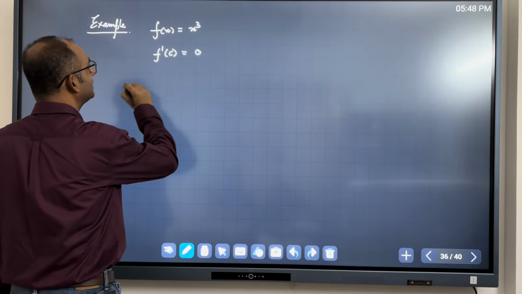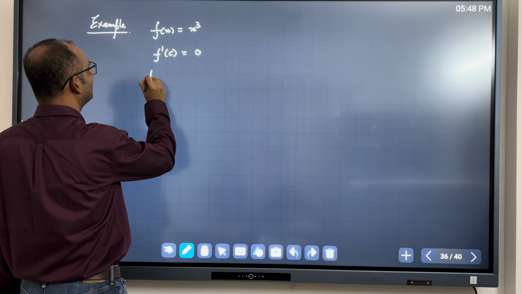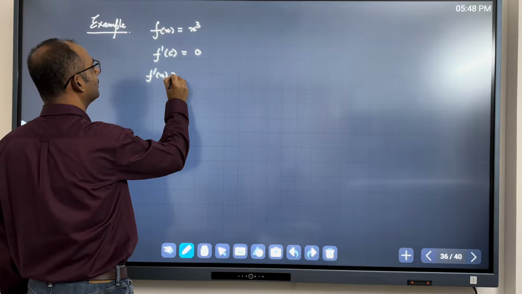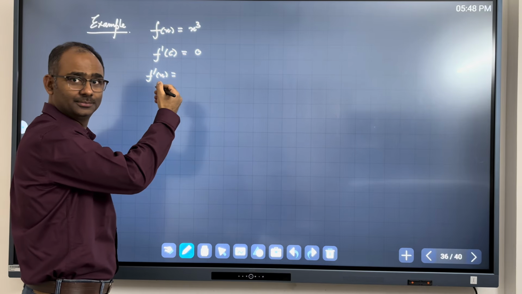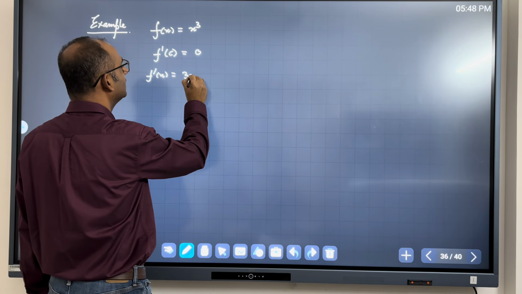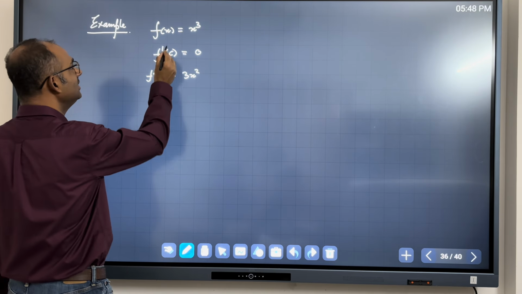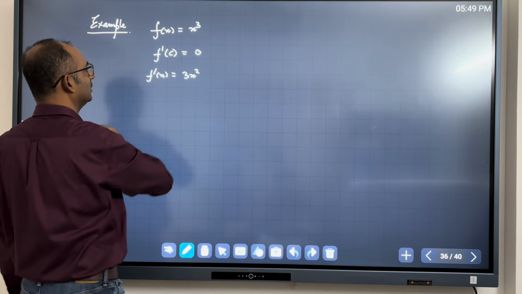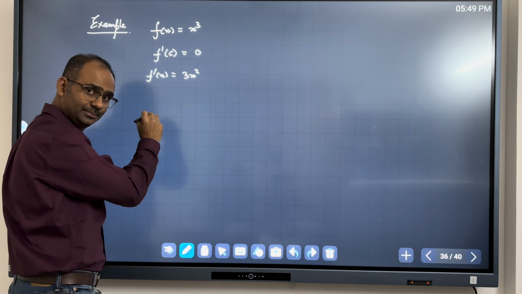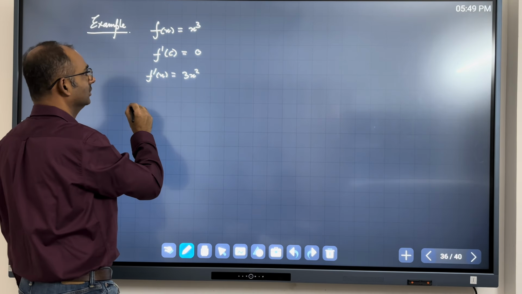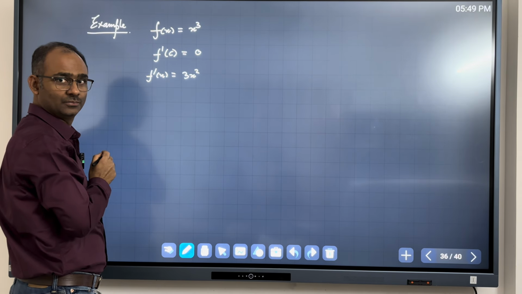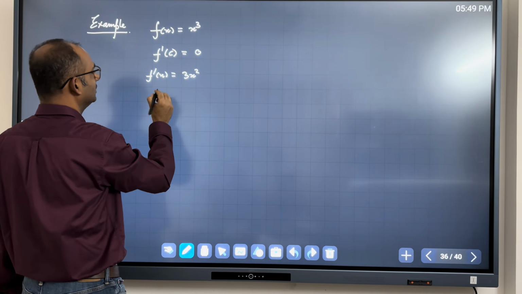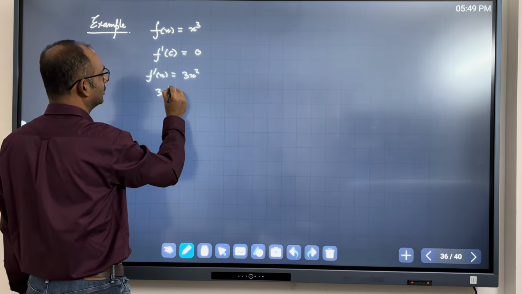So what is the first derivative? f prime of x is 3x square. I want this condition to be satisfied, so f prime of c is equal to 0, 3c square is equal to 0.